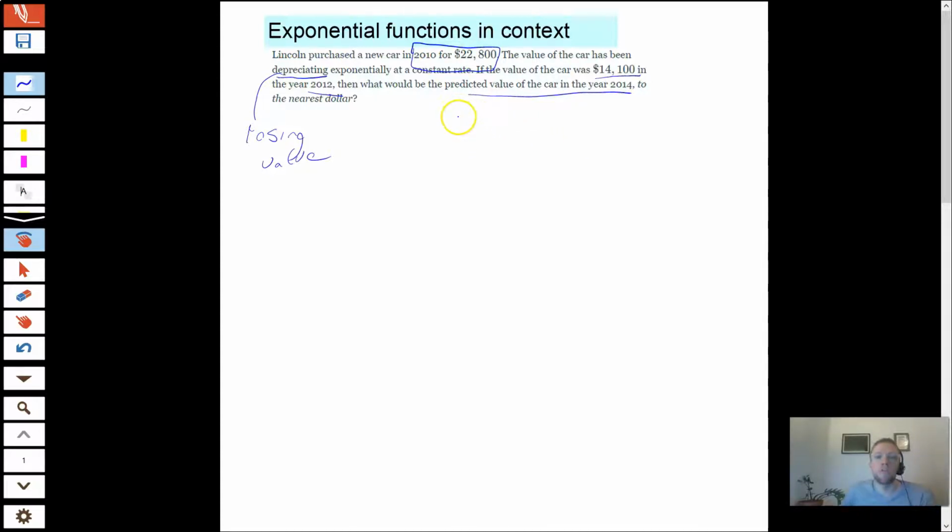Okay, so the first thing I want to do, because I already know how to write down functions from 2 points, is rewrite this in terms of 2 points. And we happen to know, because it's an exponential functions unit, but also because of this idea of depreciating, that it's going to be modeled by an exponential function. So a car loses value over time, and the further time goes on, the faster it loses value.